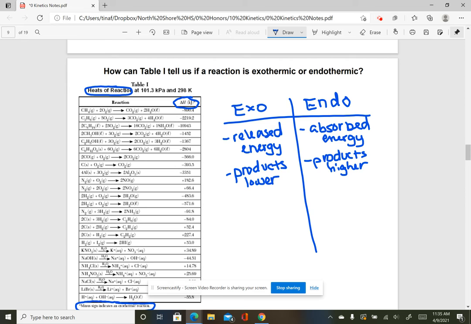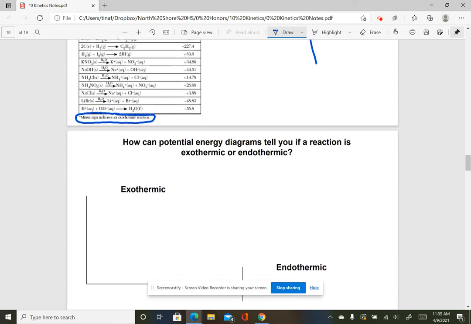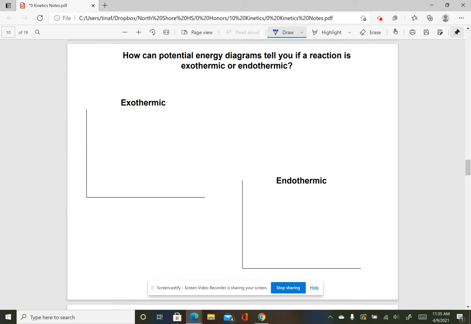Okay, I want to jump down to looking at a potential energy diagram. So guys, what I mean by lower and higher, my reactants always start somewhere. They always absorb energy to get started and release energy as bonds are formed. But if you end lower than you started, it's exothermic.